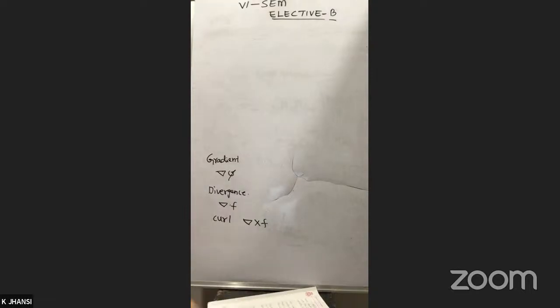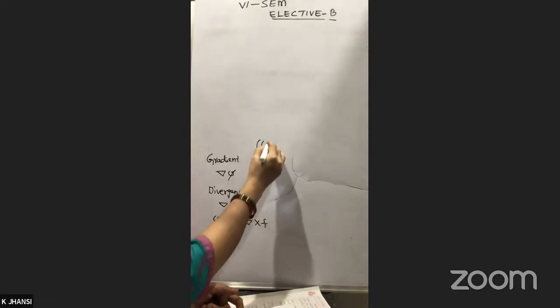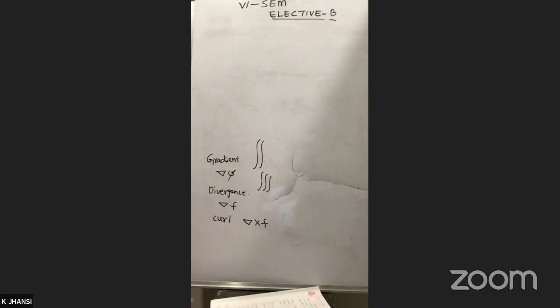If you go to block 2, block 2 is about multiple integrals. Here we know only the single integral, the integration symbol with one integral. In this block 2, we will deal with double integrals and even triple integrals, which we call multiple integrals.